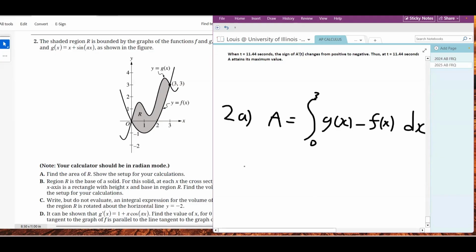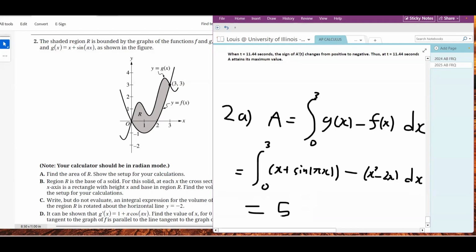That is the integral from 0 to 3 of x plus sine pi x minus x squared minus 2x dx. Punch this in your calculator and you'll get 5.137.